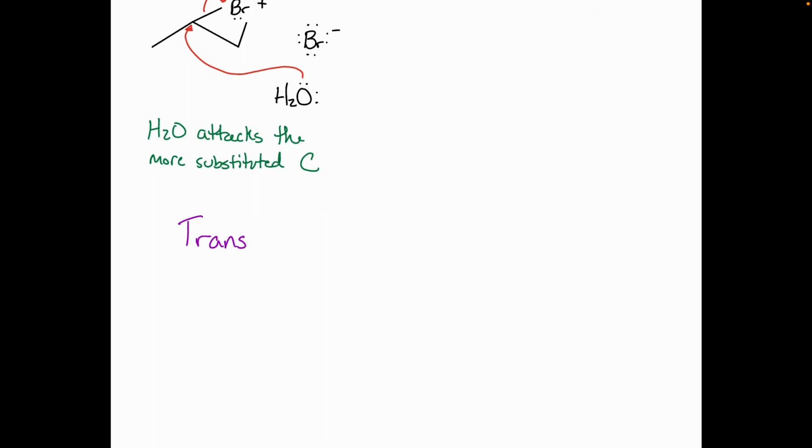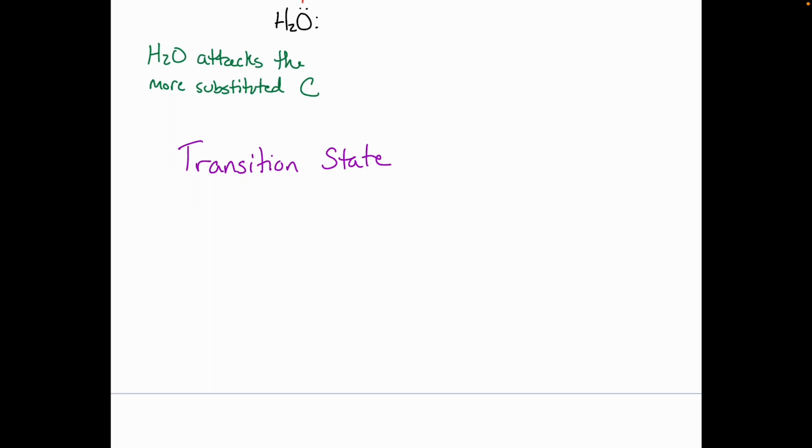Instead we can understand this if we look at the transition state of this step here. Remember, your transition state is that point when these bonds are like half broken and half formed. So we got this bond here. I'm going to draw it as a dotted line for a half broken, half formed bond.